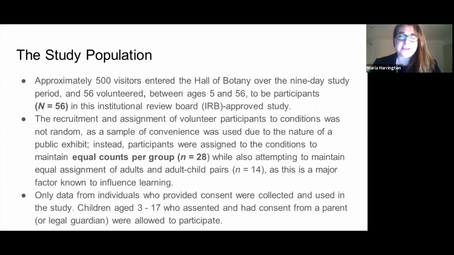The study consisted of 56 volunteers. Approximately 500 visitors walked into the hall over a 9-day period. This was an IRB approved study. We intentionally wanted to reduce the variance, so we divided the 56 volunteers into 2 equal groups of 28, paying attention to the adult and adult-child pairs because that's a known factor in influencing these informal learning environments.